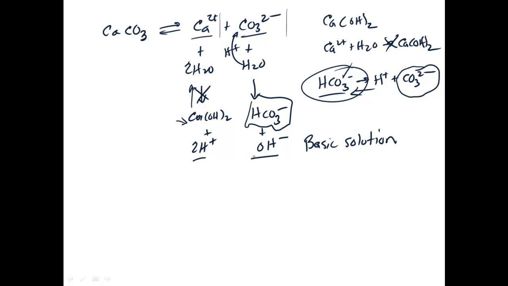And what's left over from the water is the hydroxide ion. Well, if we increase the hydroxide ion concentration in water, that's going to make a basic solution. All right? So the salt can actually affect the pH.